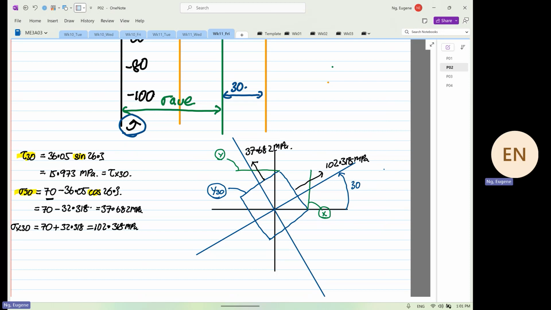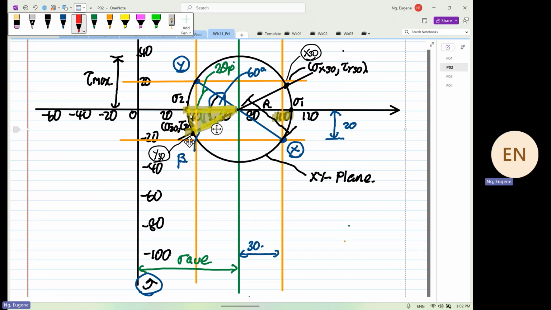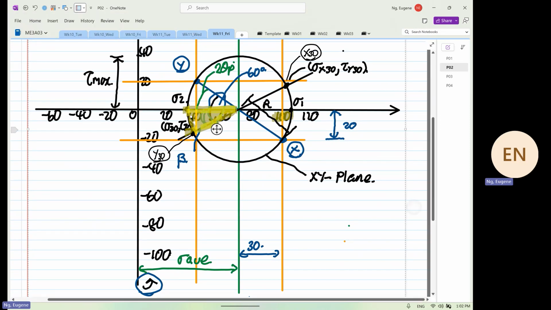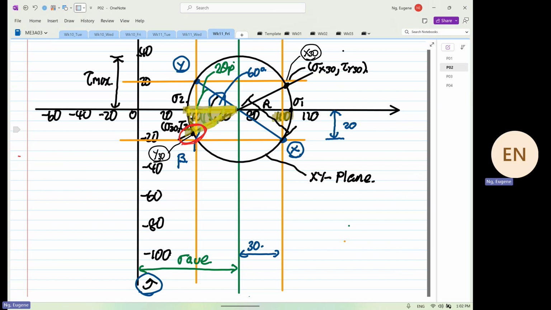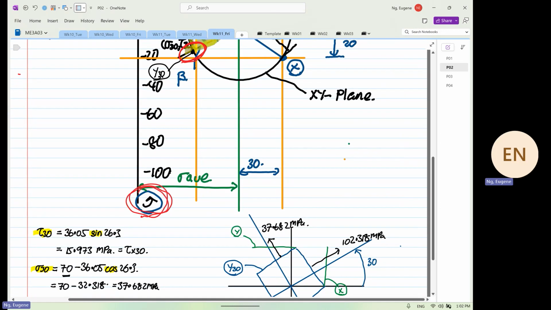We know that the shear value is what? 15.973. This is our what? At this point over here, I know this is very messy because my fault, I drew this circle too small. We are aware that at this point over here, this is our Y30. If you look at the shear, Y30 is going clockwise or anti-clockwise?